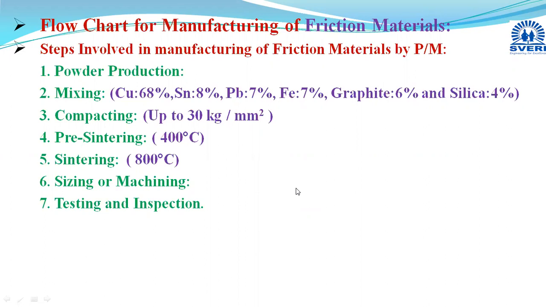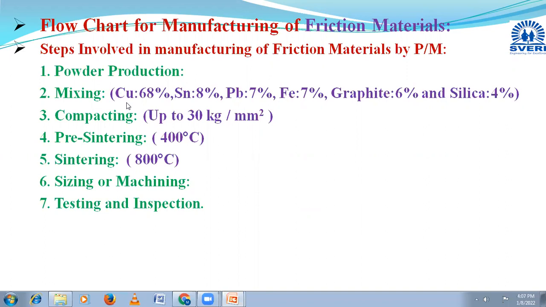For this, the general composition used is in tin bronzes only: by reducing the percentage of copper and tin, we are adding lead, iron, graphite and silica. This graphite and silica can act as a lubricant also.